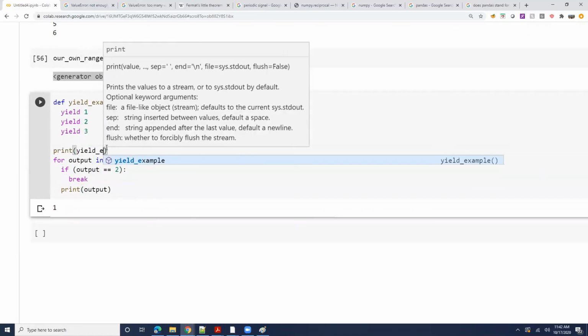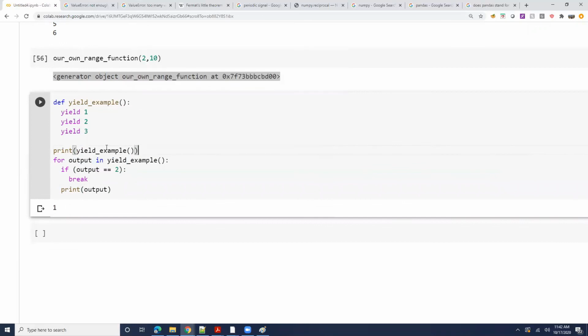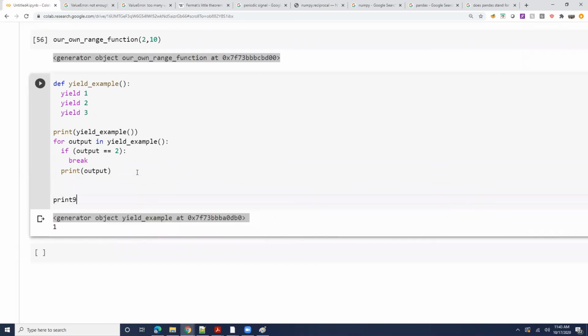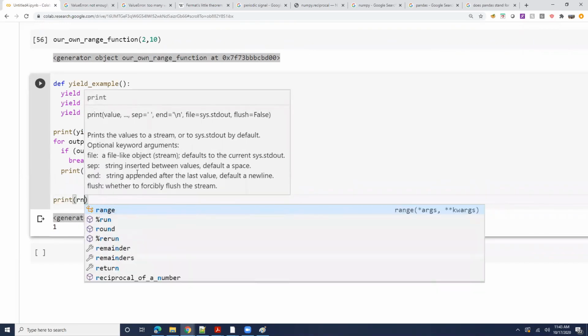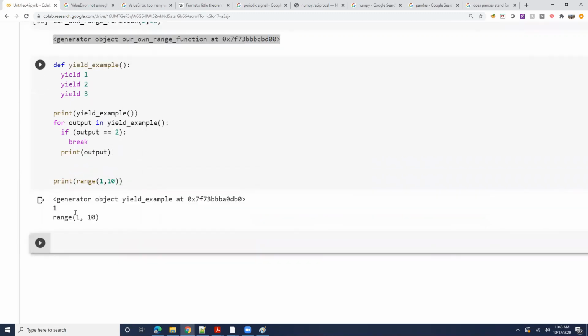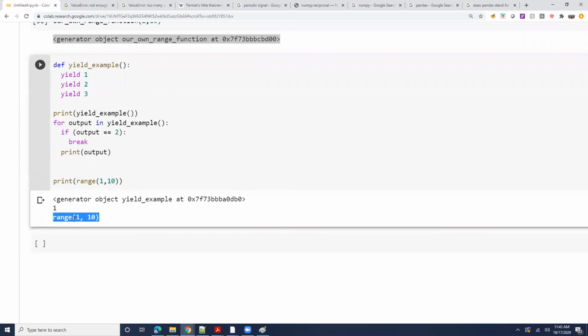It says that it's a generator object. The same as range, for example. What happens when I print range of 1, 10? It just says range of 1, 10. It actually didn't print anything. So the range function was actually yielding your answer as you go.